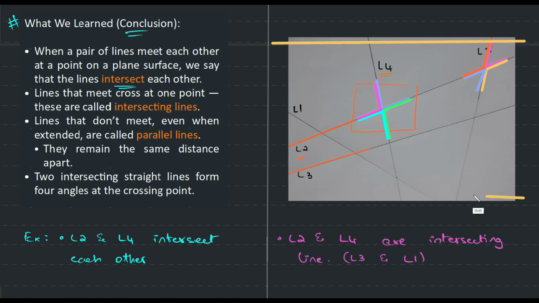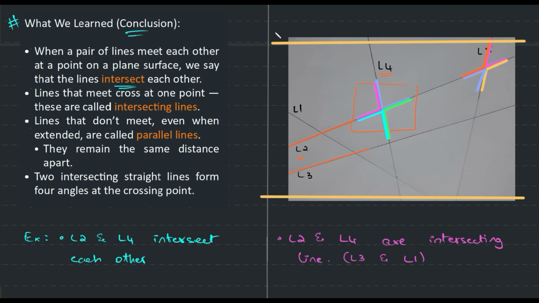I'm drawing along the edge. See these two papers. If you keep placing two A4 size papers, the white papers you get when you get a printout, will they ever meet? Will the edges ever meet? No, right? So that's an example of parallel lines.